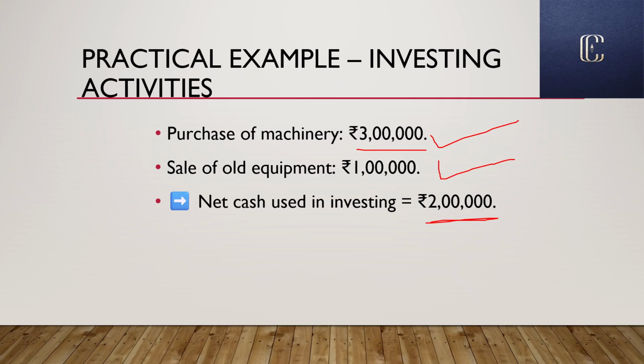Easy logic to remember: buying an asset leads to cash going out. Selling an asset leads to cash coming in. Investing activities help us understand company expansion, asset purchase or sale, and long-term investing decisions.